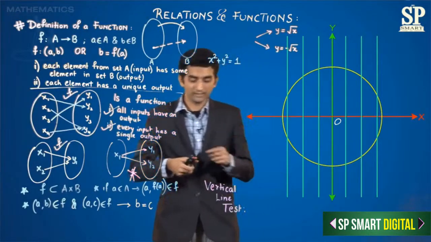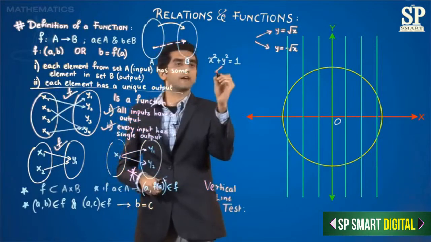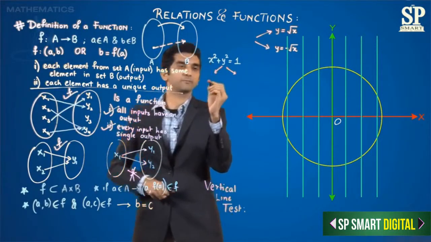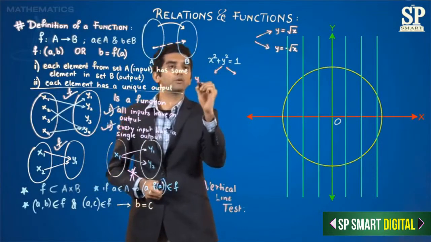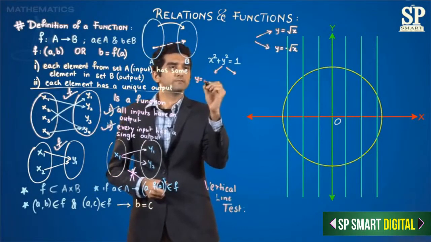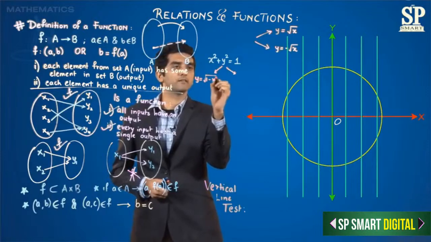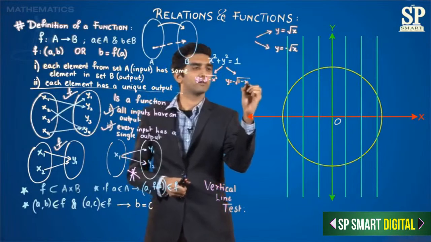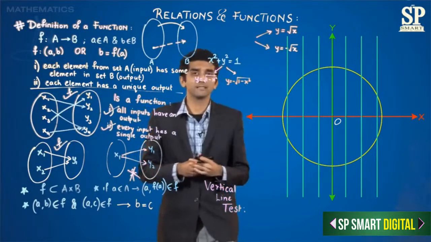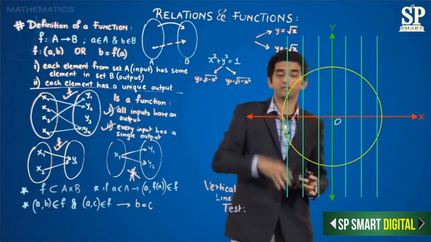But again, as we did in the previous example, if I treat this as y square is equal to 1 minus x square and square root both the sides, this is what I get. Y equal to root of 1 minus x square, one with a positive, one with a negative sign.